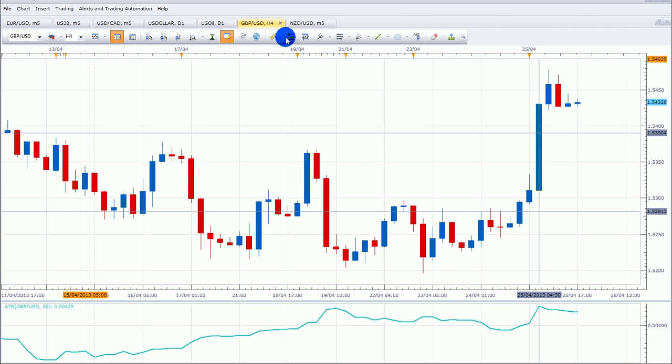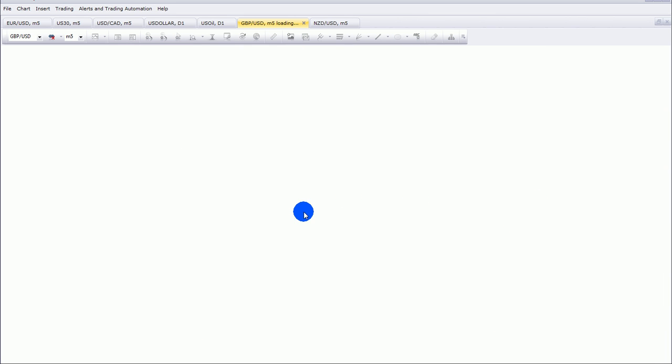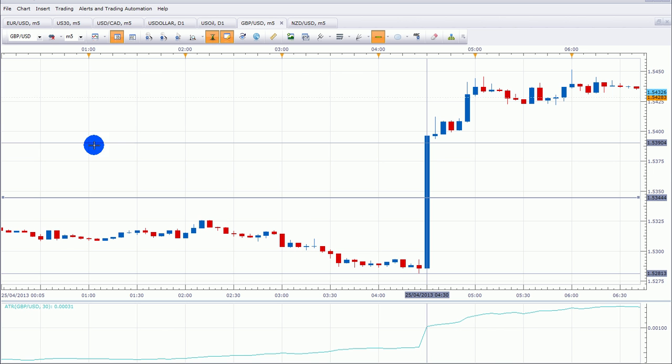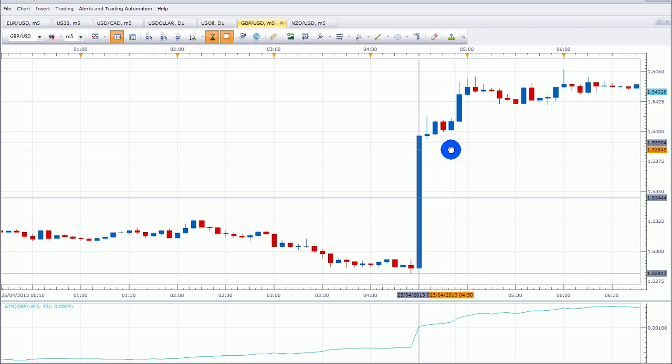The way I would go about trading this is you load your 5 minute chart. From your entry price, you plot 44 pips down, which would be your stop. Why?